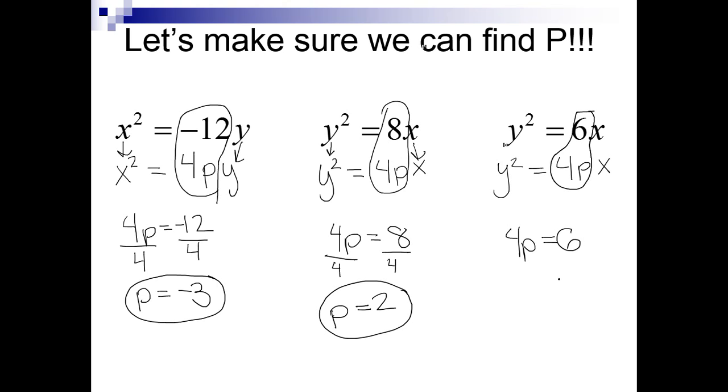So I need to solve for p. If I divide by 4, I get p equals 6 over 4, which is the same as 3 over 2, which is 1.5.